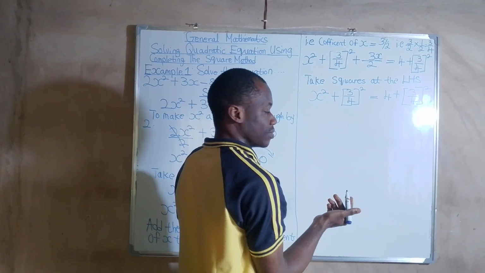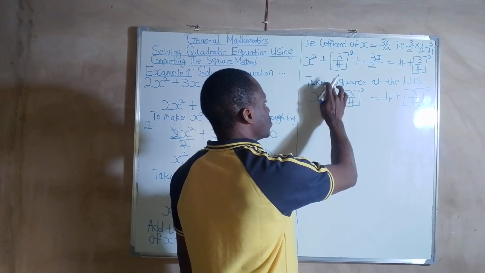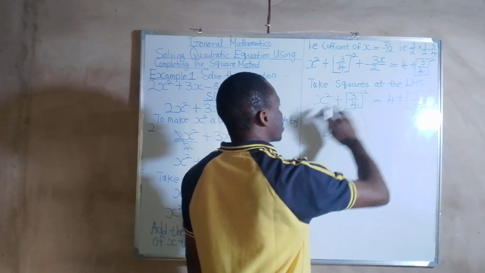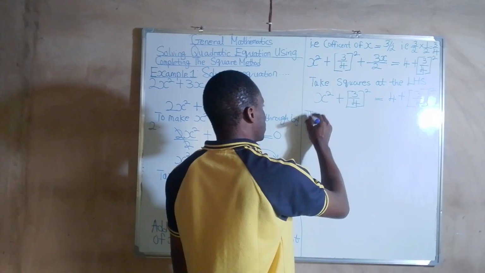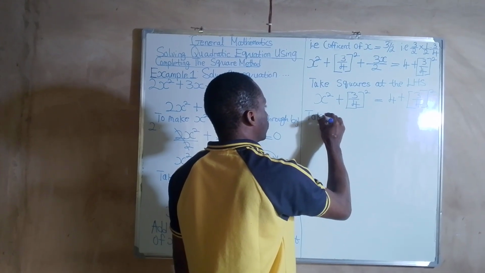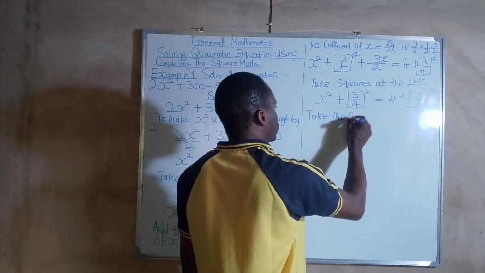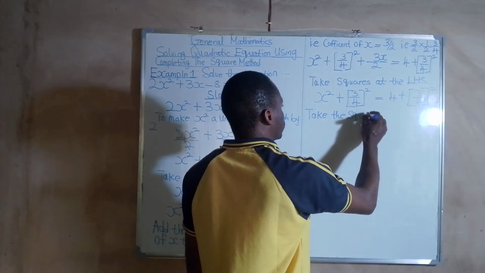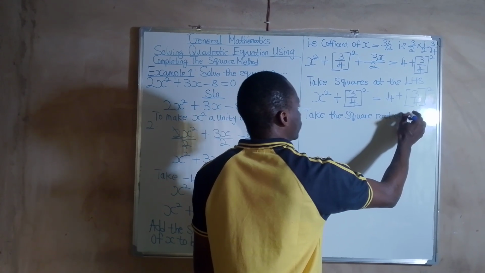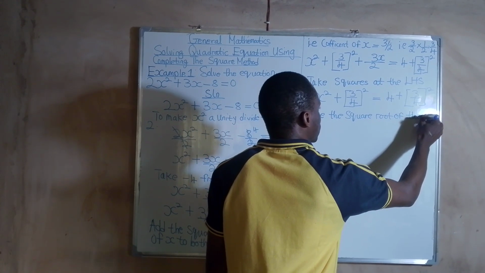Are you getting that? Yeah. So I can say take the square root of the squares at the left hand side. So on our right, take the square root.